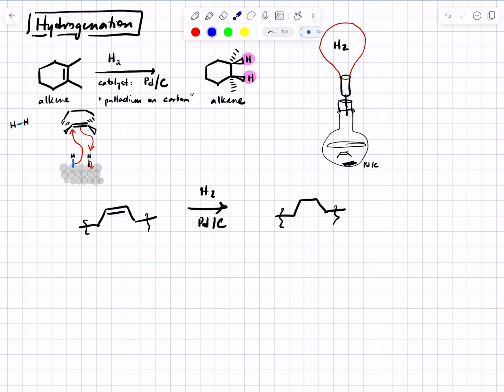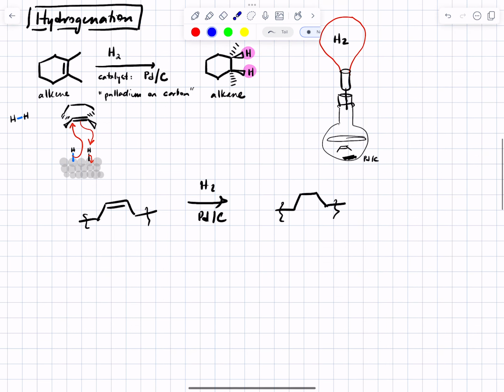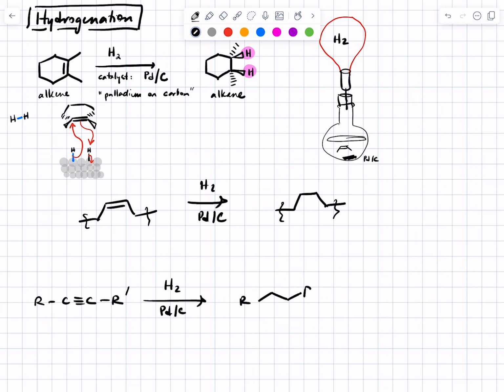You can use the same hydrogen and palladium catalyst to take an alkyne and reduce it all the way to the alkane without stopping at the alkene. So if I just use my regular hydrogen and palladium on carbon catalyst, that will take the 2 carbons of my alkyne and give each of them 2 carbon-hydrogen bonds.